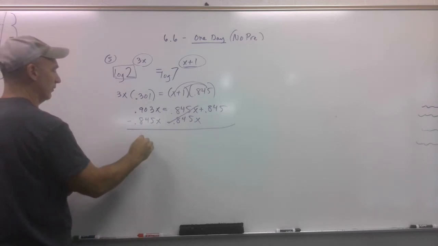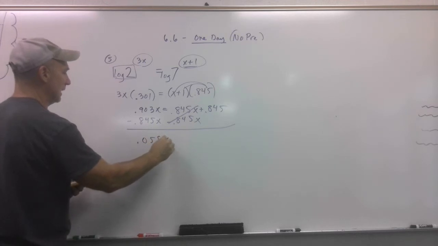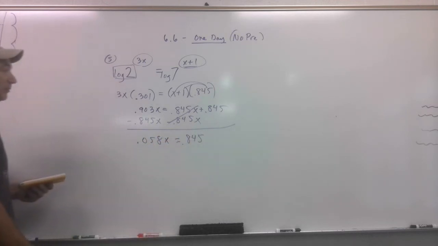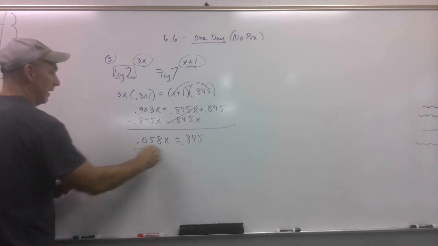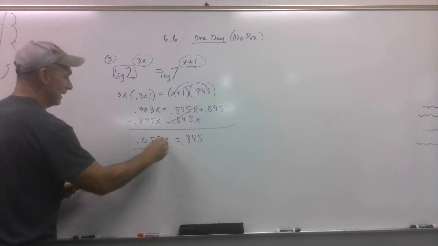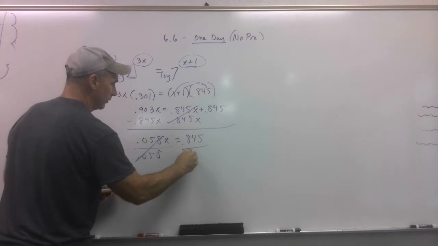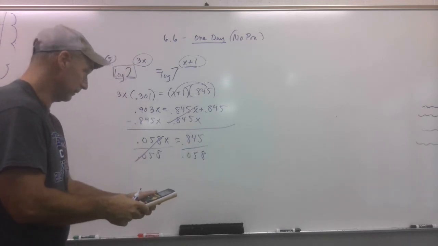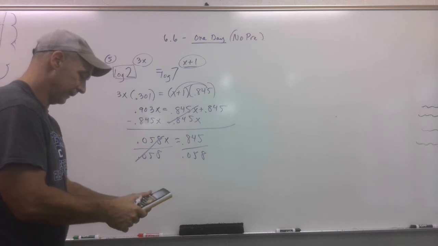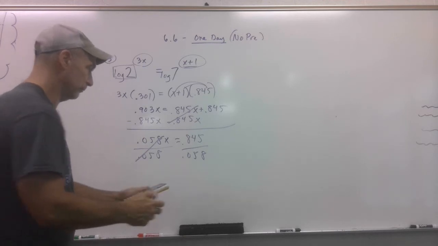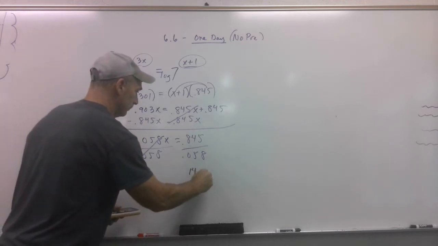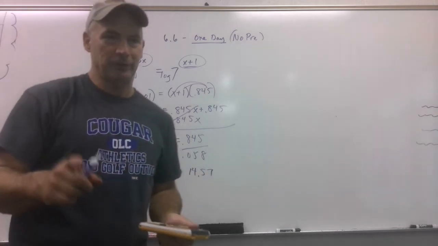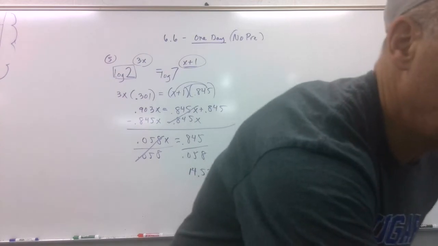So 0.058x is 0.845. Well, that's easy to make a little mistake there. Divide by 0.058, divide by 0.058, and that's 14.57. Okay, next few problems are going to be slightly different, so don't stop this video.